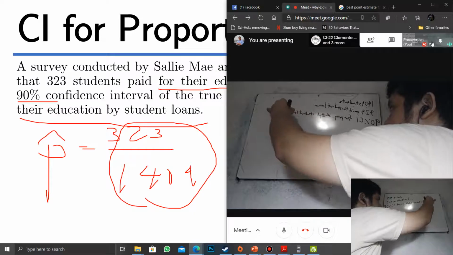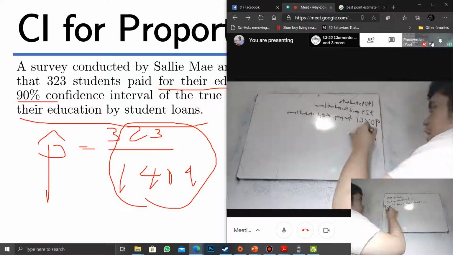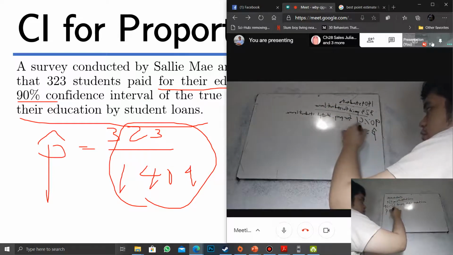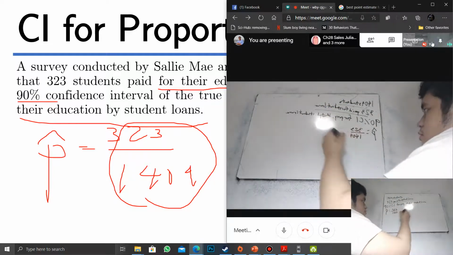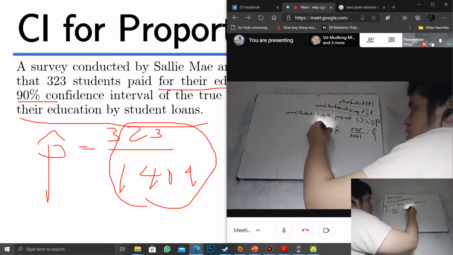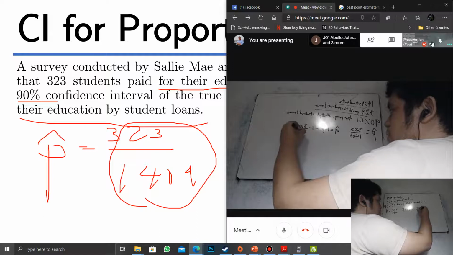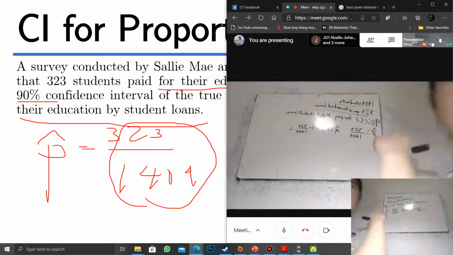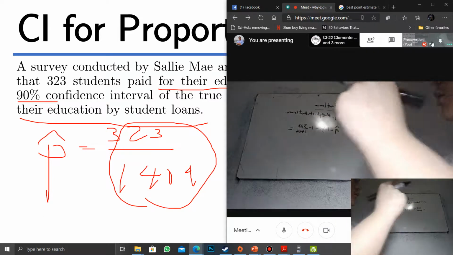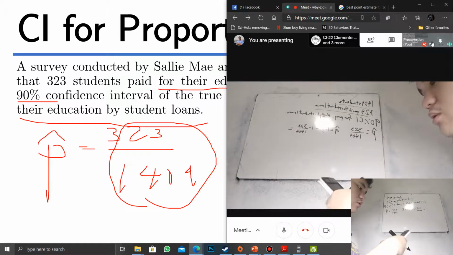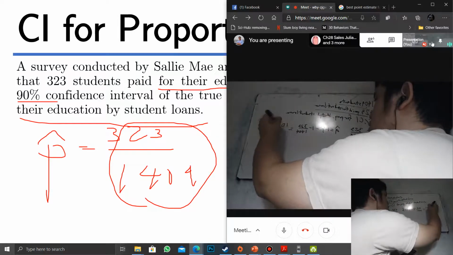Let's get yung p hat, no? P hat equals ito over ito. Q hat equals 1 minus p hat equals 1 minus 323 over 1,404, which is equal to 1,081 over 1,404.